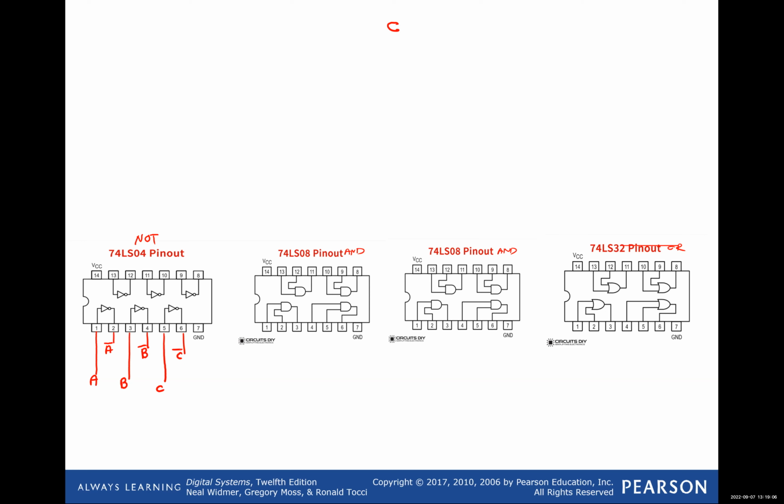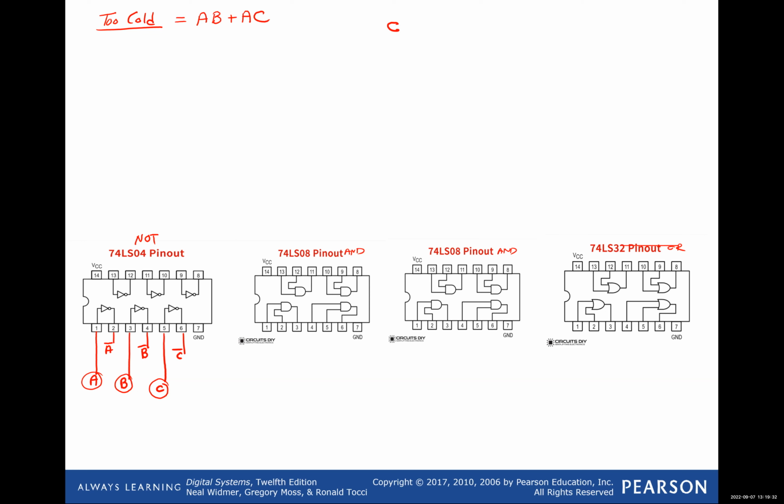You're going to take it from the three switches. Maybe use switch 1, 2, and 3. So switch 1 is going to be connected to the A, and your output here is A complement. Switch 2 is going to be connected to the B, and switch 3 is going to be connected to the C.